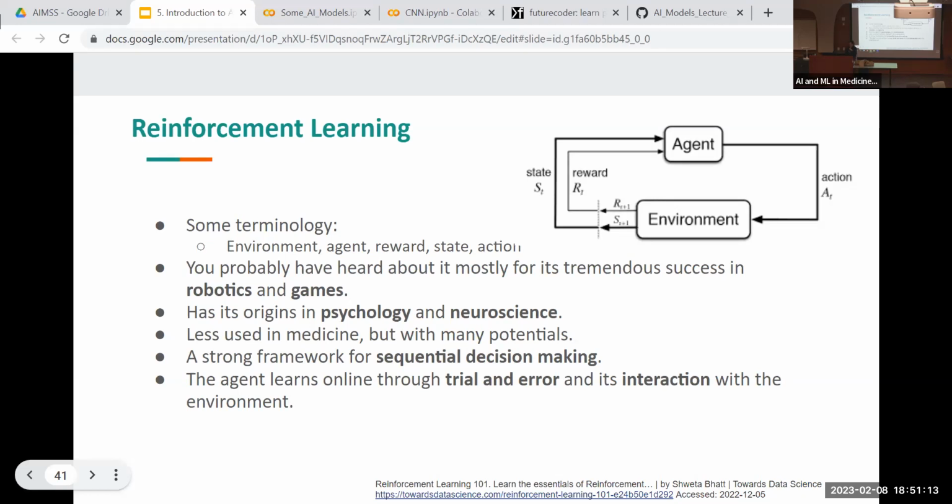and performing well. You may have heard about reinforcement learning in games or robotics. The interesting part is that it has its roots in psychology and neuroscience, but it is less used in medicine. But there are many potentials, and I will talk about it later. It's a good framework for when we want to do a sequential decision-making task.